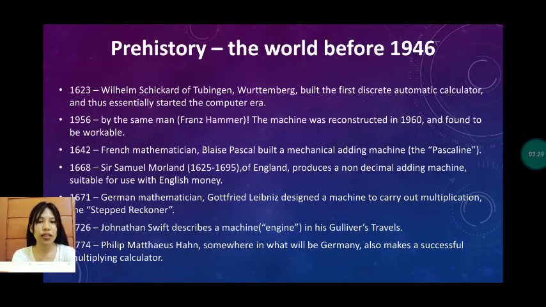In 1642, French mathematician Blaise Pascal built a mechanical adding machine, the Pascaline. In 1668, Sir Samuel Morland (1625 to 1695) of England produces a non-decimal adding machine suitable for use with English money.